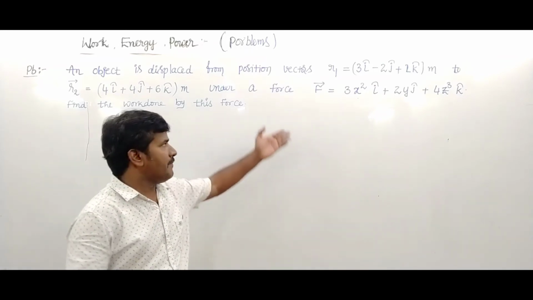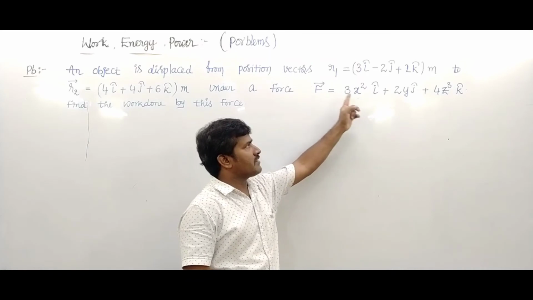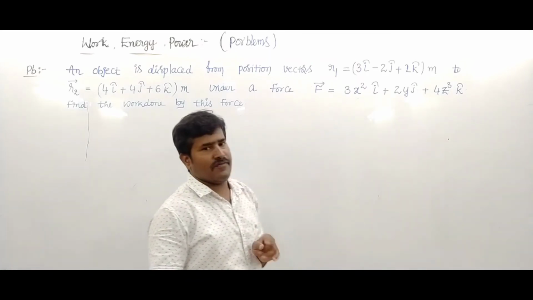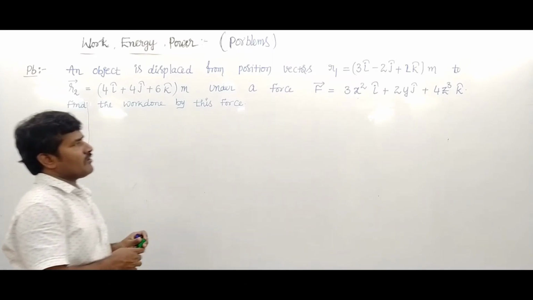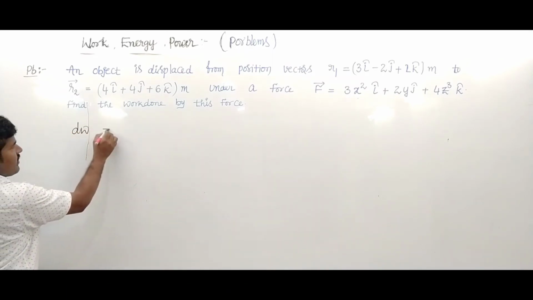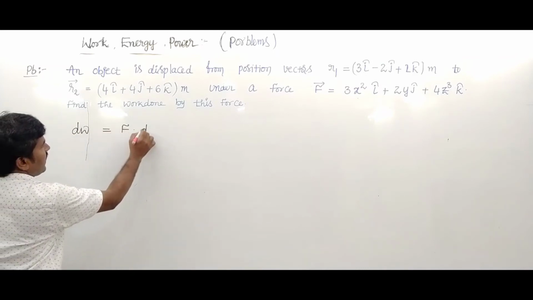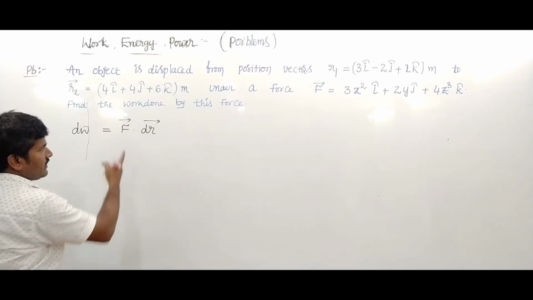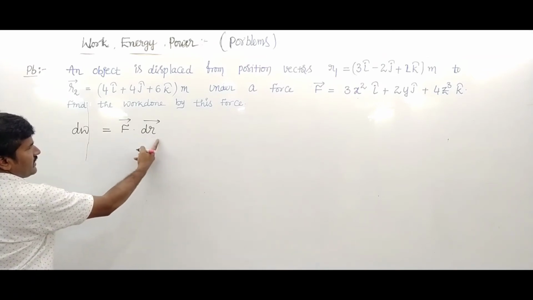This is a variable force, because force depends upon displacement vectors. In a variable force, the work done is dW equals F dot dr, where dr is the position vector.